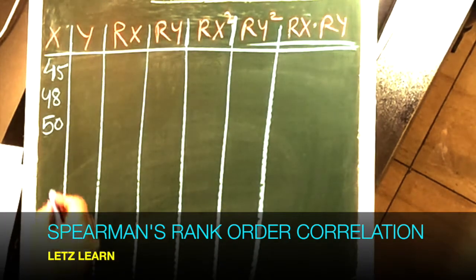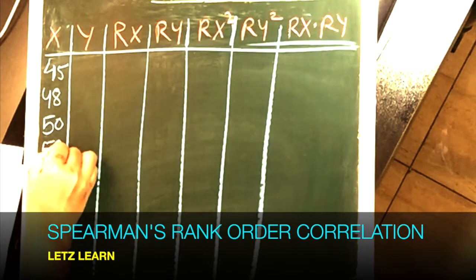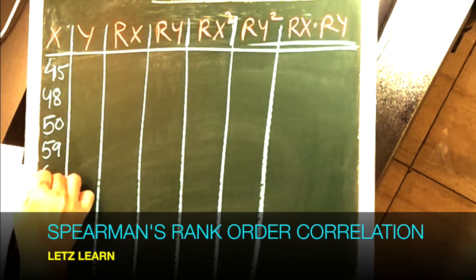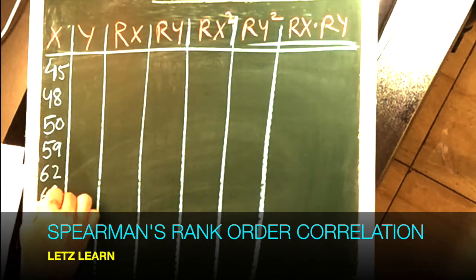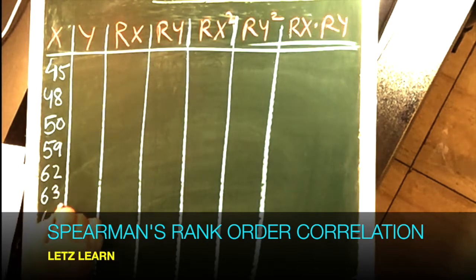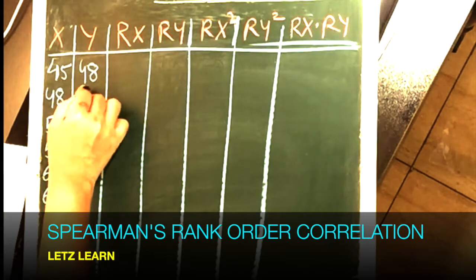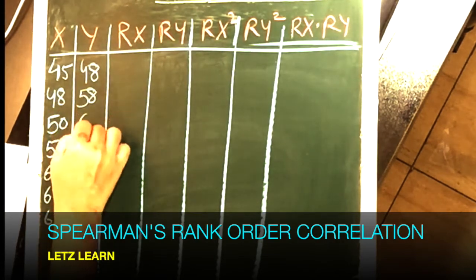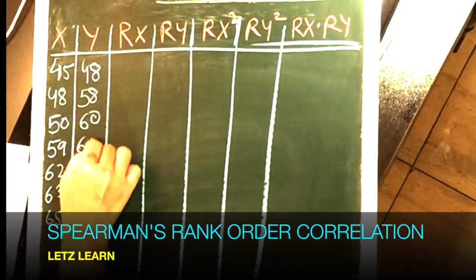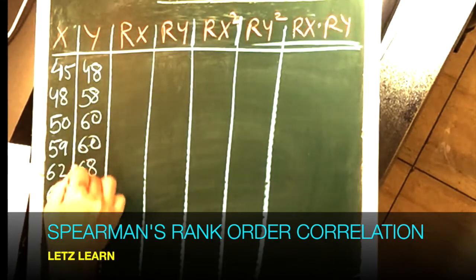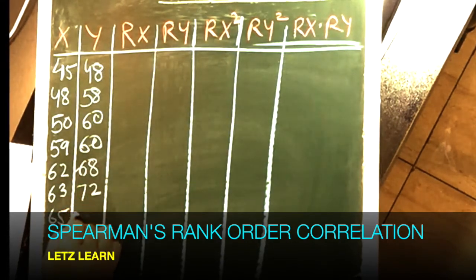Now the next step is to make a table for all the data. X is the marks in history, Y is the marks in English, and we'll write all the numbers in ascending order for the columns independently and place the ranking that we calculated on the previous screen in front of each of the marks.